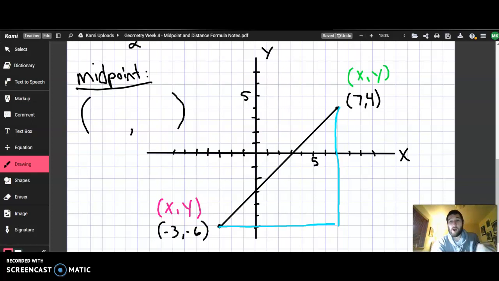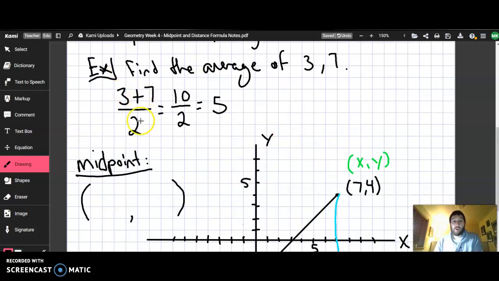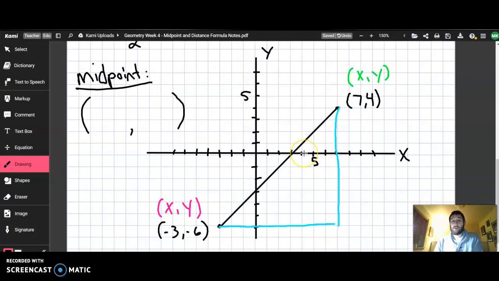The x part of our point, the middle, is the average. We just talked about the average up above. We're adding two numbers and dividing by 2. So here we're doing the same thing, but since we're talking about our x values, we can do the average of just the x values, the x here and the x here.